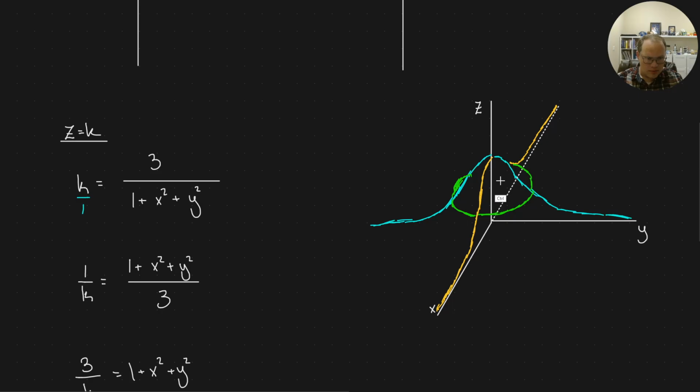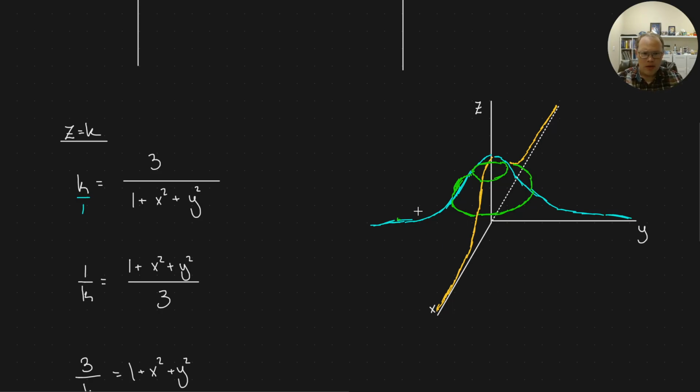As we go up, we have these smaller circles. Okay, so you get a pretty good picture of what we have going on.